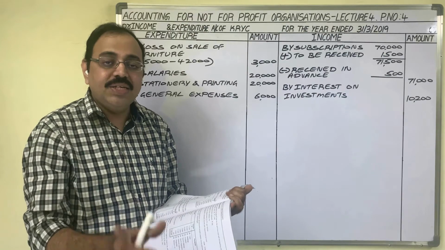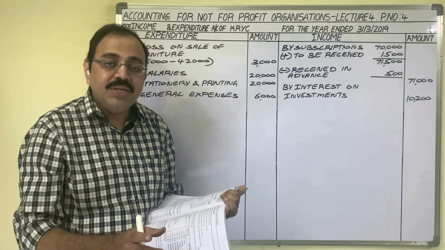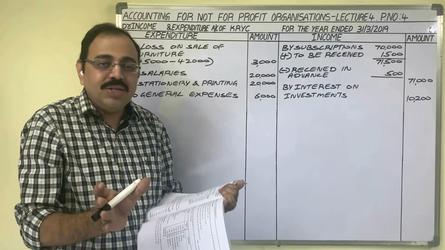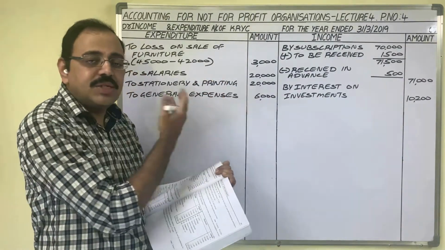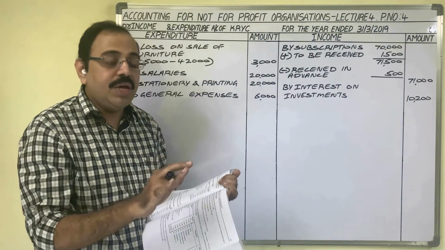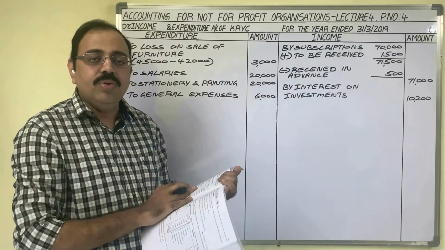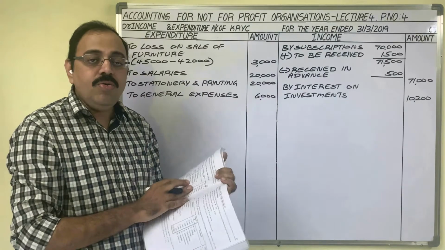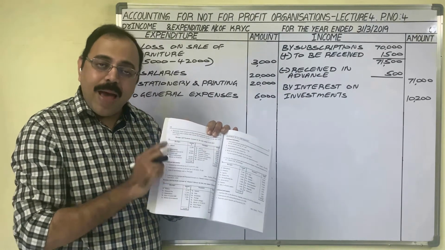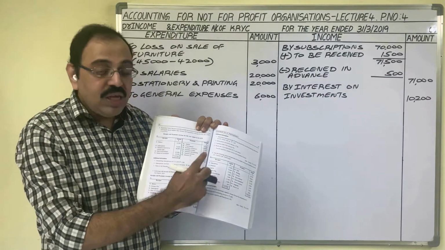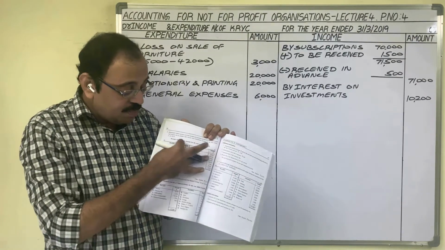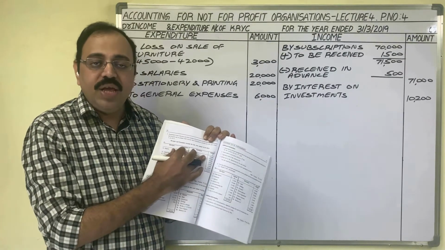Cash in hand is one asset, no? So in balance sheet under asset side we should show this amount. So cash balance is not an income, not an expenditure. It doesn't appear in income and expenditure account. So remember, while preparing income and expenditure account, opening cash and bank balances, closing cash and bank balances, we should ignore.